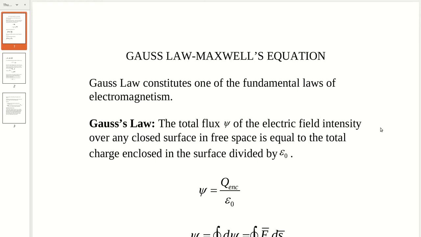Okay, first one is Gauss's law, Maxwell's equation.